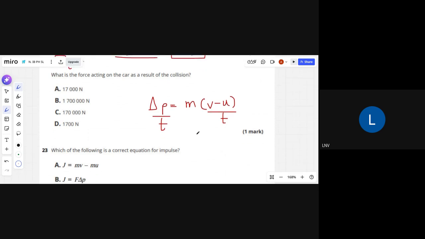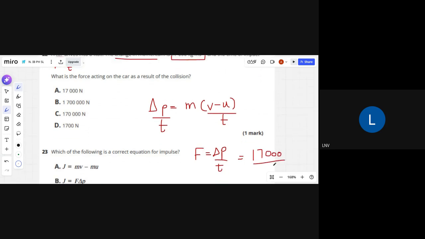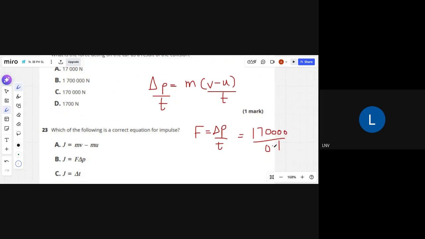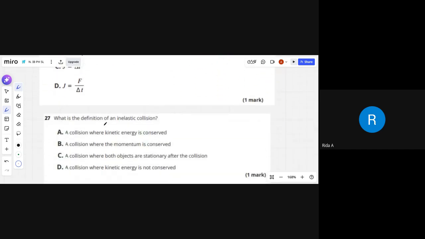We already have the change in momentum, which is 17 thousand, over time, and the time of impact is 0.1. So it's 0.1, and that should be the force. That's excellent. So 170,000. Part C. Perfect.